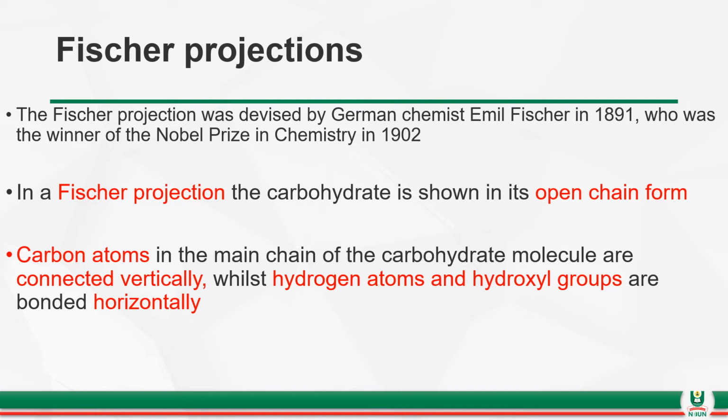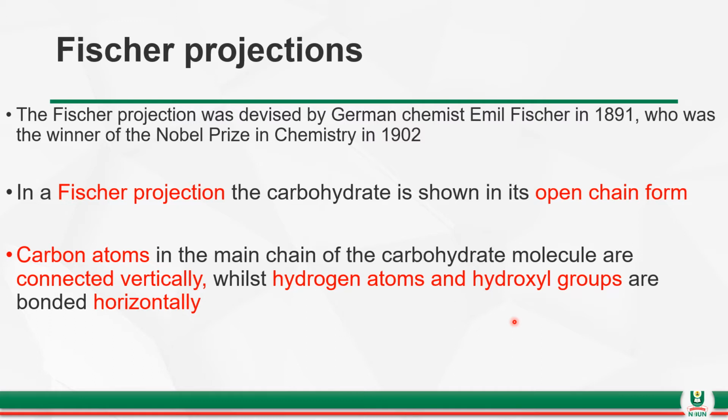In the Fischer projection, carbohydrate is shown as an open chain. And what do we mean by this open chain? It contains carbon atoms in the main chain connected vertically, while the hydrogen atoms and hydroxyl groups are bonded horizontally.